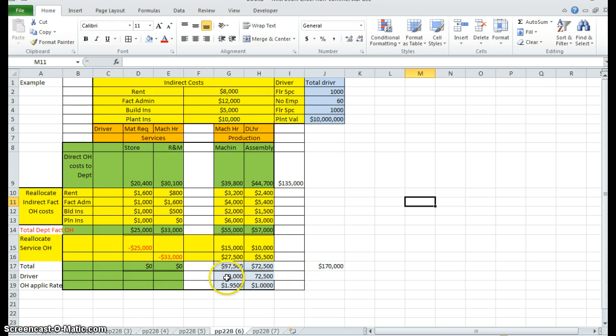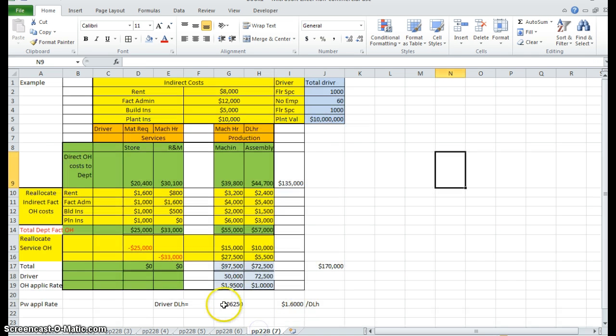Then the driver for machining is machine hours, which is 50,000 machine hours, and the driver for assembly is directly above, with 72,500. That divided by that gives you the rate for the individual department.